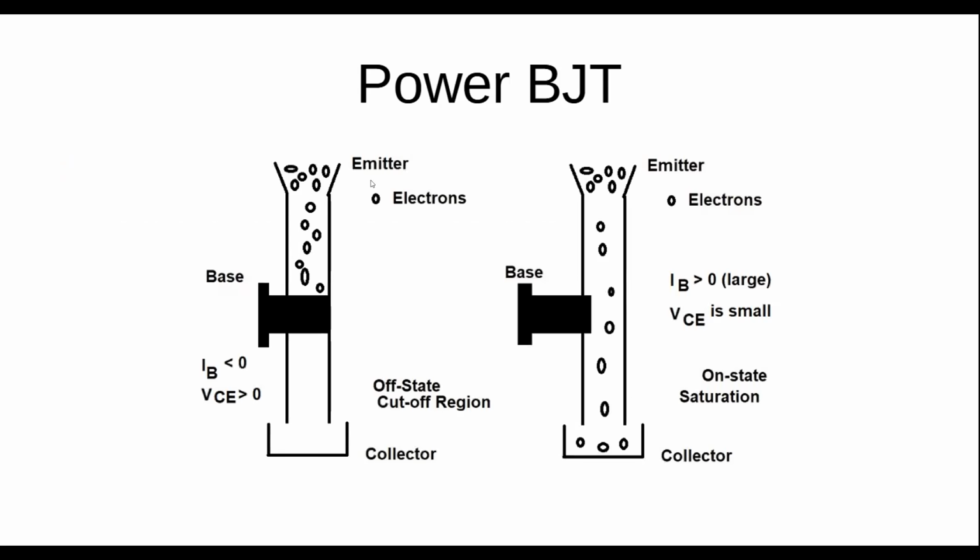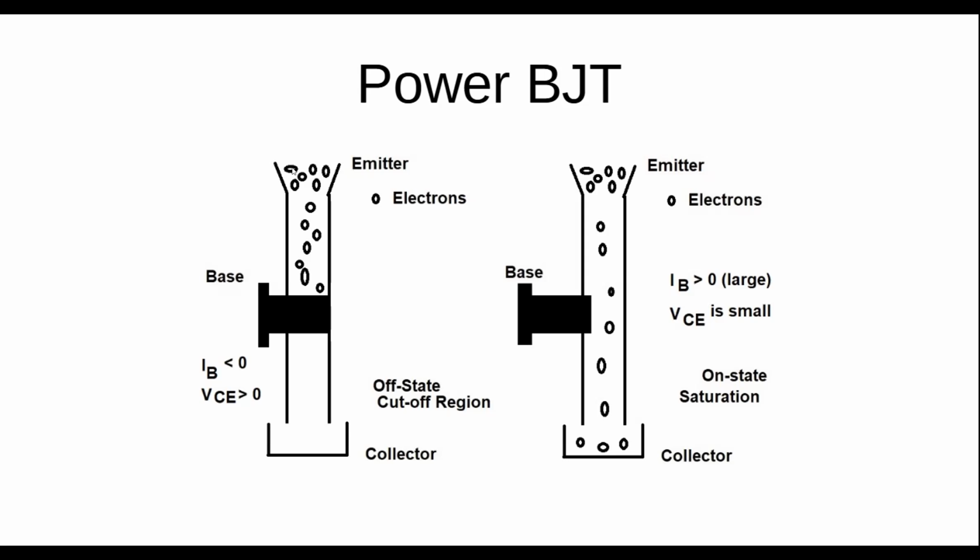So this is a simple way to think about how this device works. The analogy is to think of this as a normal plumbing system where you have a bunch of electrons coming in from the emitter.